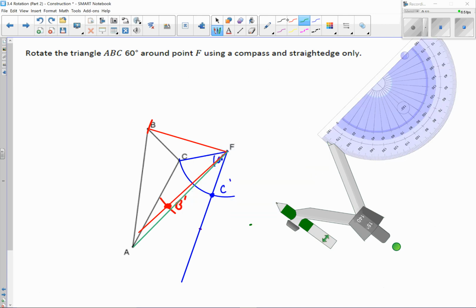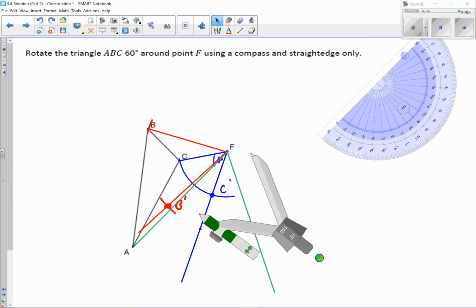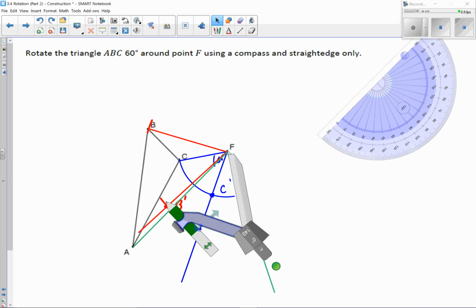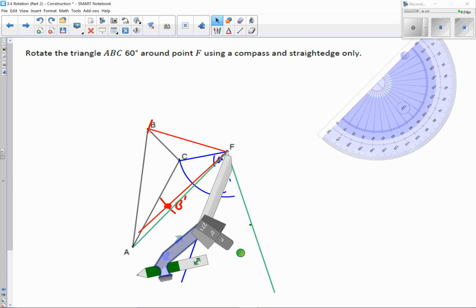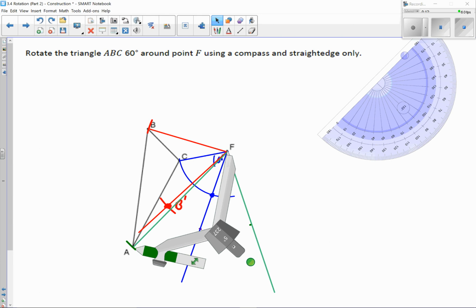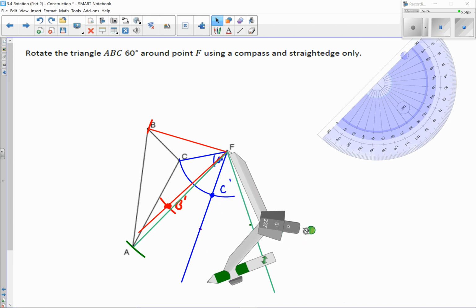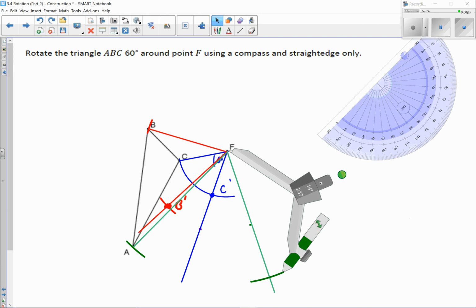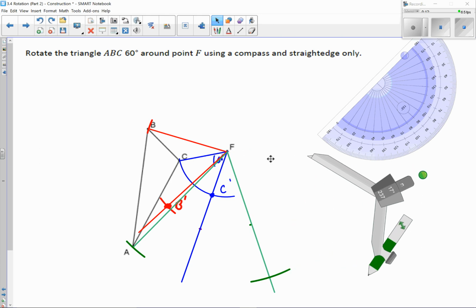I can move my protractor, draw my line segment from F through that point, and then I'm going to make the intersecting arc, again, from F, in this case, to A. Make a mark, rotate around. And again, I just need to show the intersection. I don't have to draw the entire arc, unless you want to, that's fine. And now I know that, in fact, this point here is A prime.